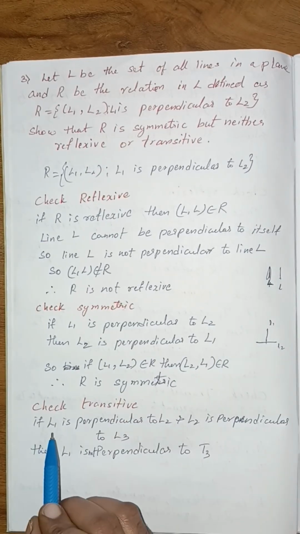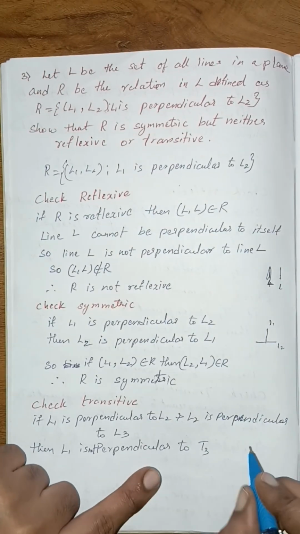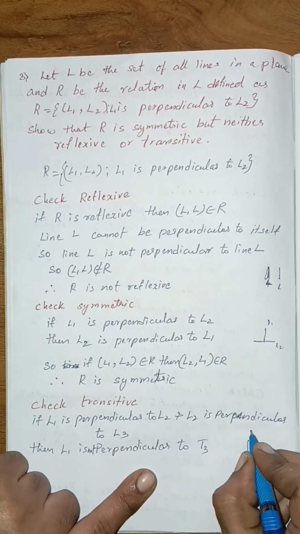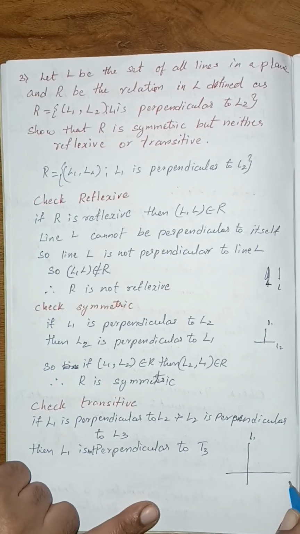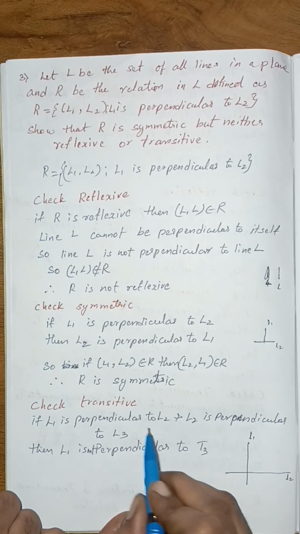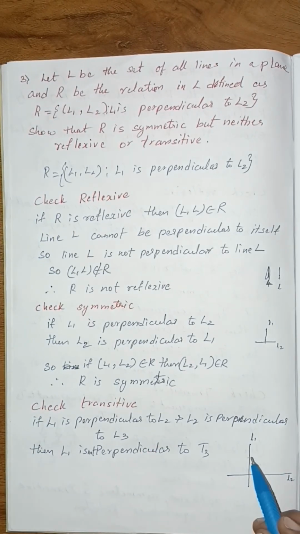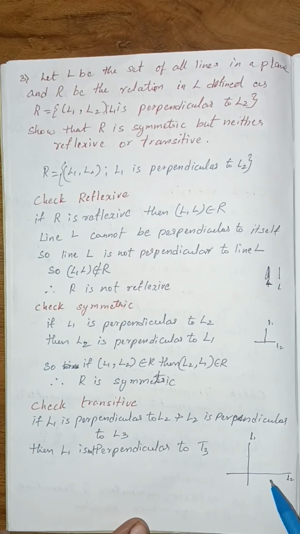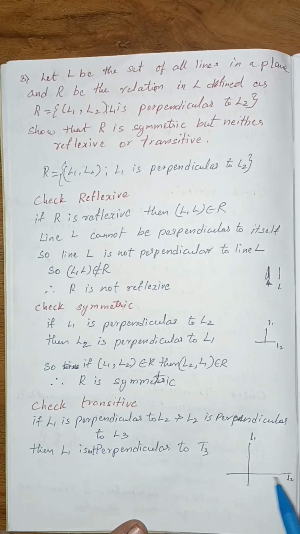Now we have to check for transitive. See, this is line L1 and this is my line L2. So line 1 is perpendicular to line 2.